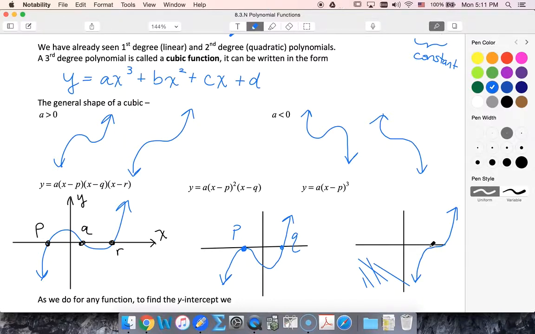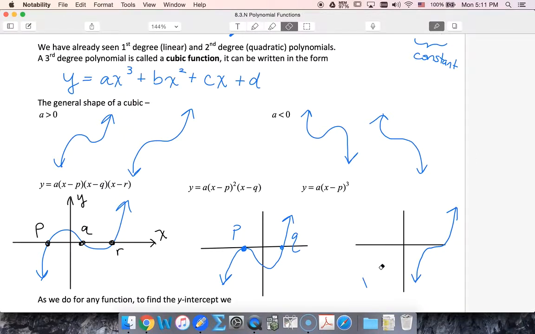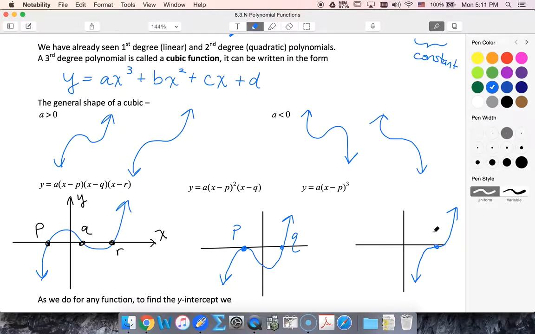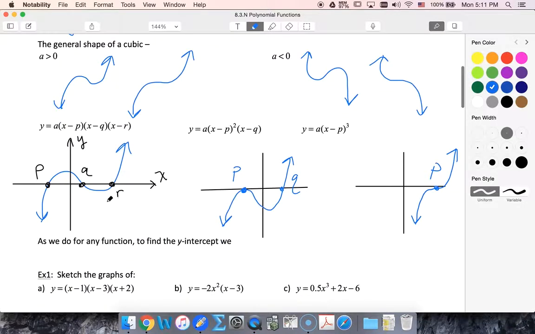This is not quite accurate. My flat bit should be on the axis, but I'm having trouble with my line drawing. So this is where my P would be coming into my flat bit. Again, to find the y-intercept, we plug in 0 for x.